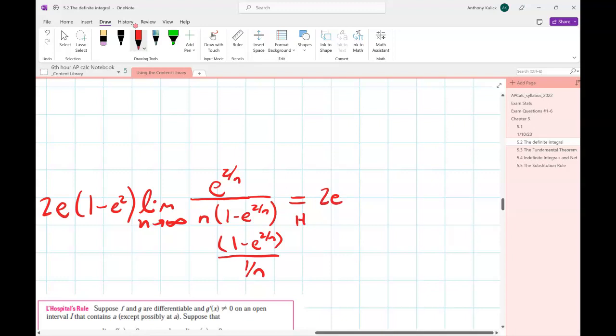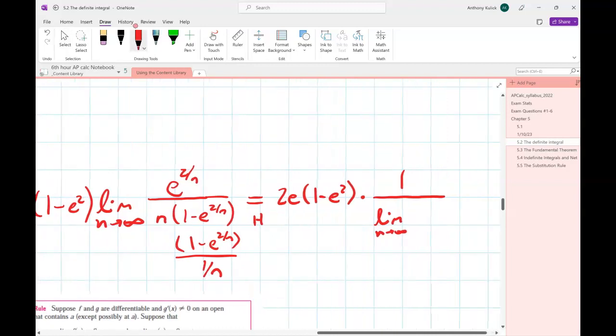So out front, we have this. The numerator, when I do the limit, evaluates to 1, because 2 over infinity goes to 0, e to the 0 is 1. The denominator, we have to do our derivative.